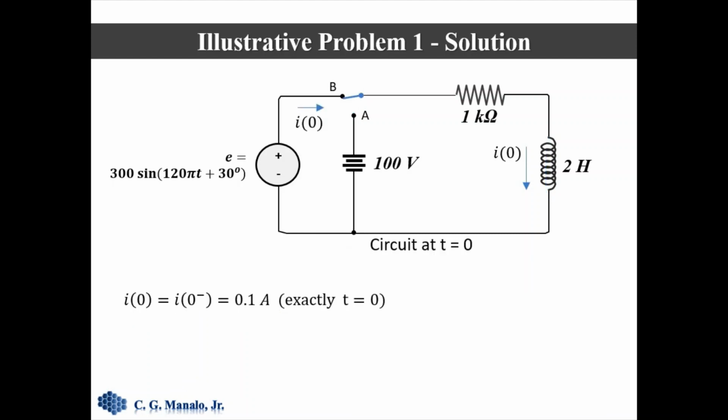We also need to look at the circuit at exactly t equals 0. At this time, we need to know what is the current at exactly t equals 0.